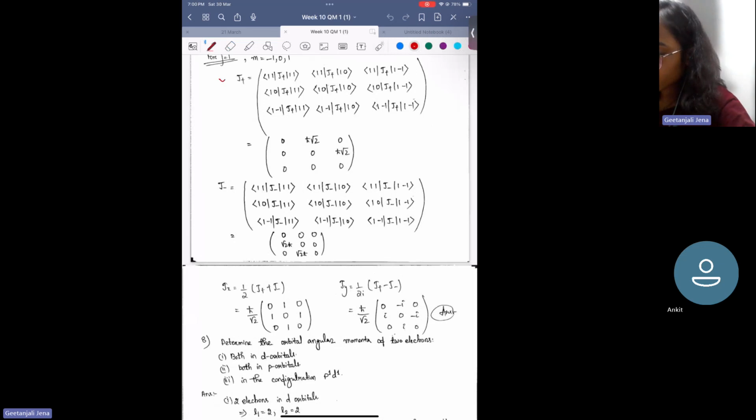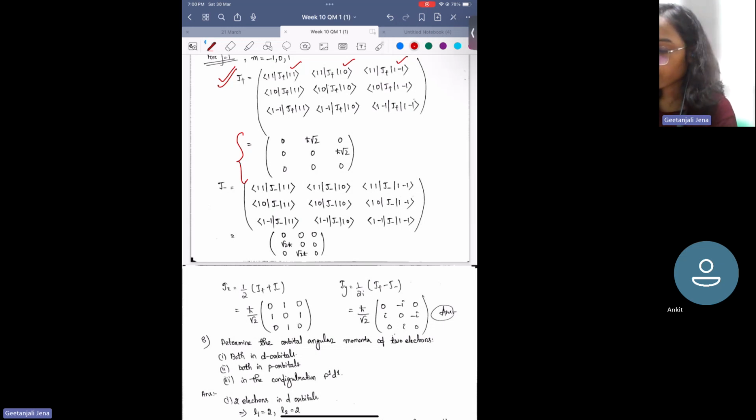So this matrix we got. Instead of 1, 1, I have taken another combination, like I started from 1, 0, minus 1. It's 1, 1, 1, 0, 1, minus 1. So now you will get a matrix like this.